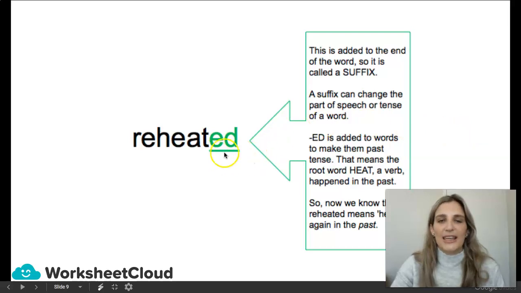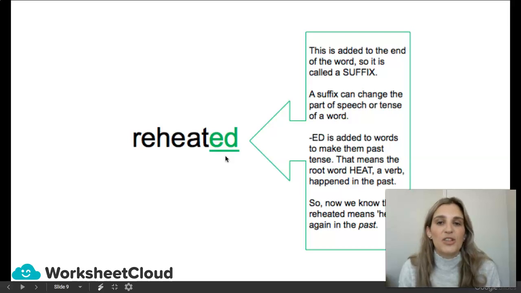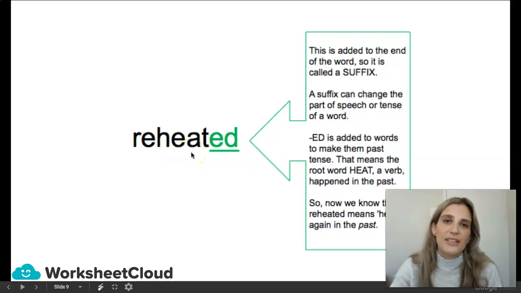Now we're going to look at the end of the word. This is added to the end of the word, so it's called a suffix. A suffix can change the part of speech or the tense of the word. Ed is added to words to make them past tense. That means the root word heat, a verb, has happened in the past.